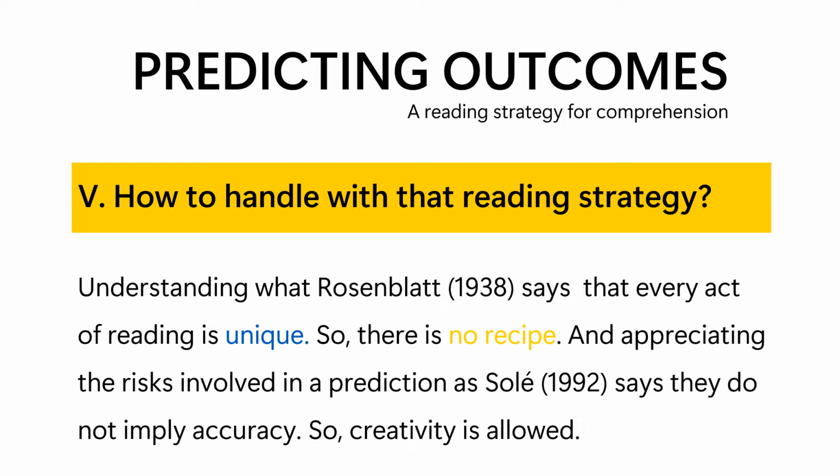This is the way we are going to handle that reading strategy: understanding what Rosenblatt says, that every act of reading is unique, so there is no recipe, and appreciating the risks involved in a prediction. As Solé says, they do not imply accuracy. So creativity is allowed.